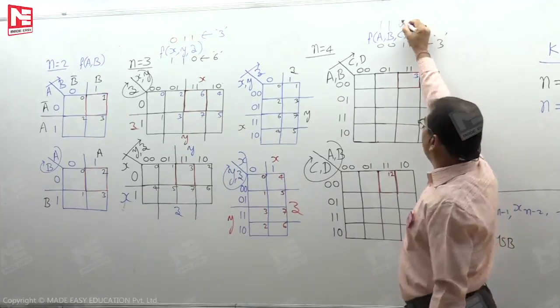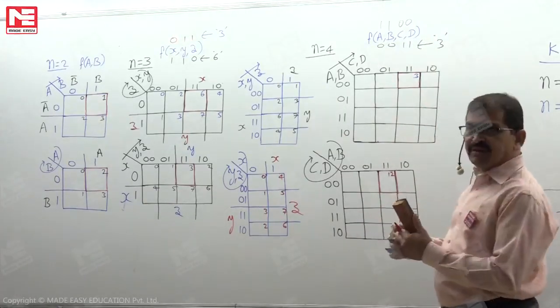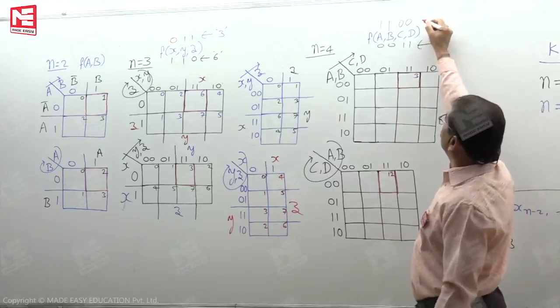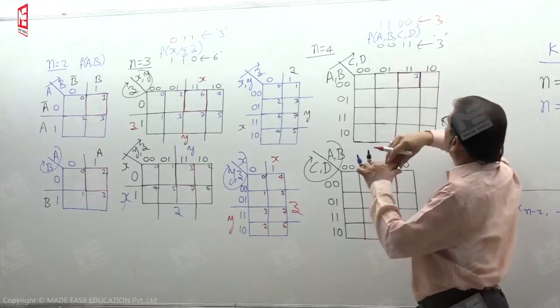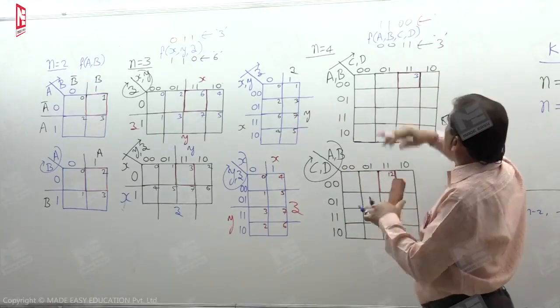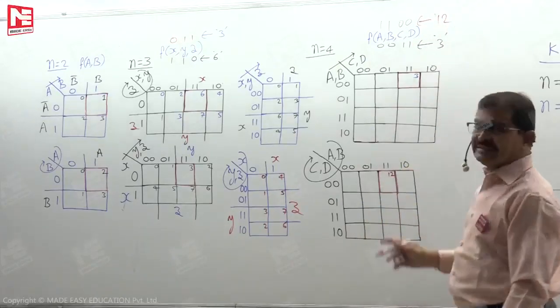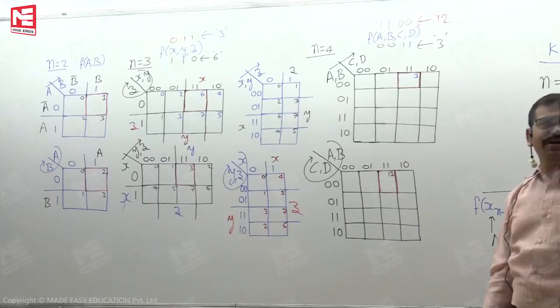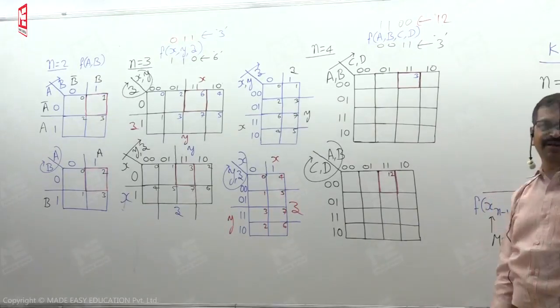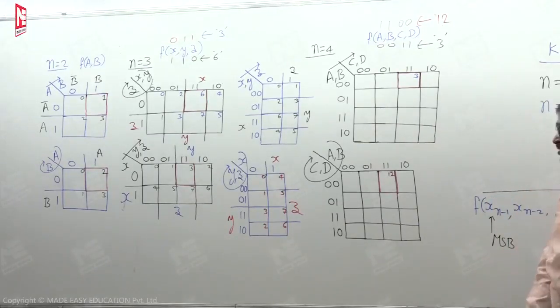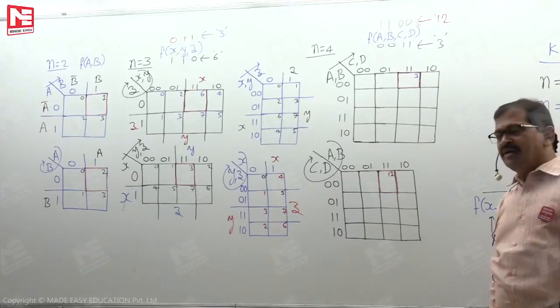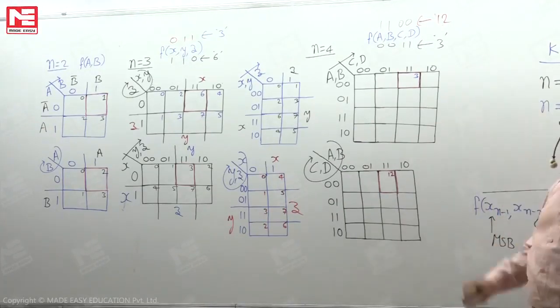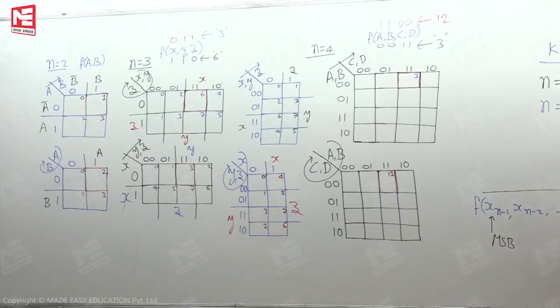Hence, the equivalent decimal number for 1100 is, sorry, 1100 is 12. So the cell number is 12. Like this, we can write the cell numbers for each one of the cells. So take some time and write the cell numbers in your notebook properly for both these formats.